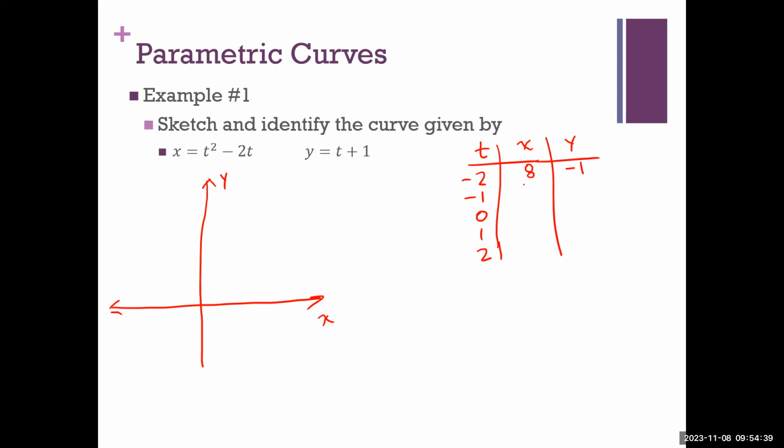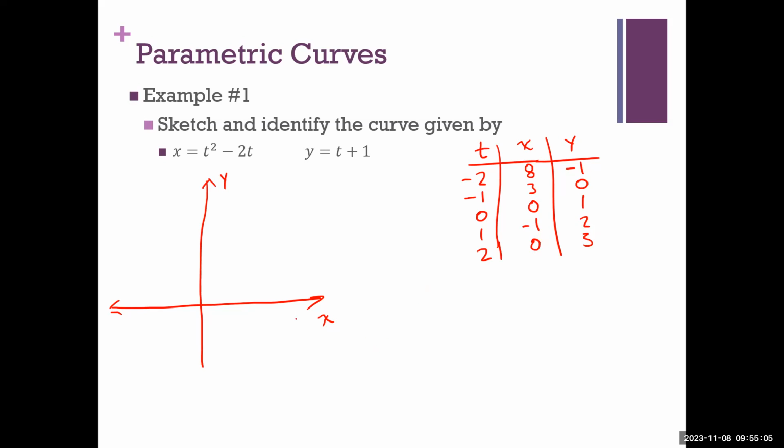Let's get all these really quickly. When t equals -1, these are easy to fill in. -1 squared is 1, plus 2 is 3. 8, 3, 0, -1, 0. Are we okay with all that?